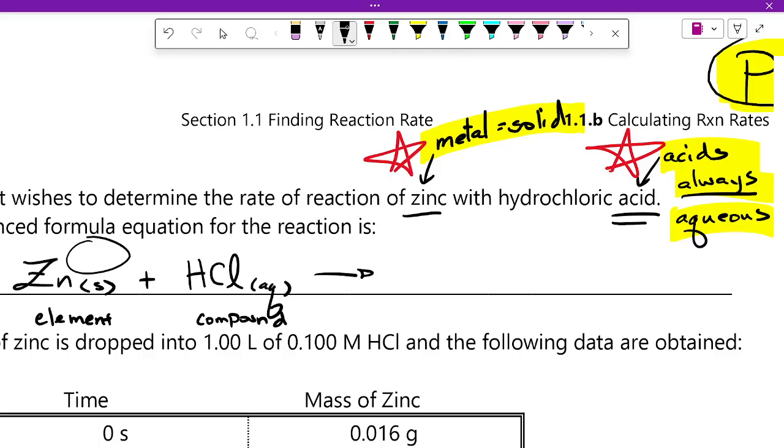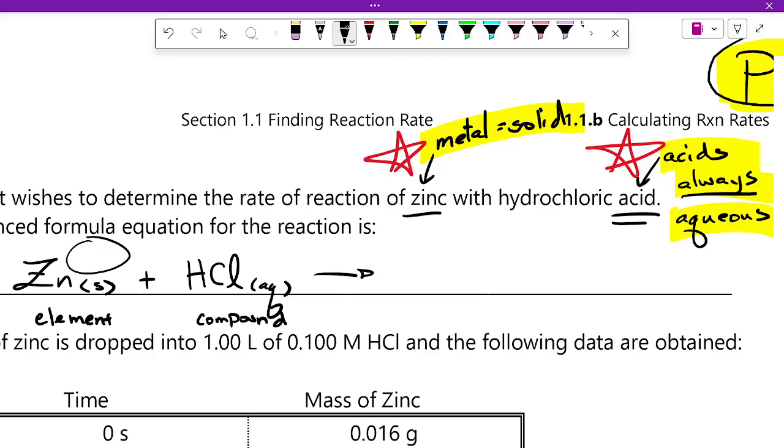Elements on their own have no charge. Now, when you separate ions for a complete ionic equation, those are still part of a compound, so they can have charges. So in complete ionic equations, you will have H plus, Cl minus, but it's really part of HCl. Okay, so there's no charge on the zinc.